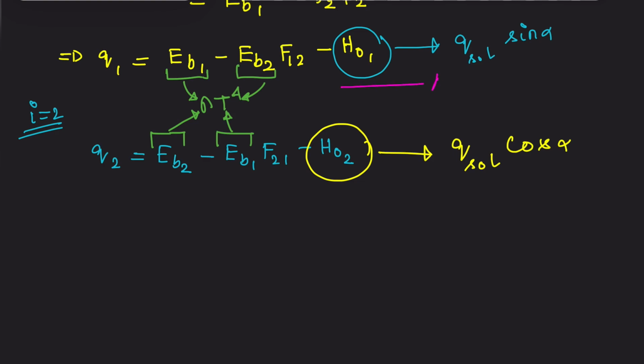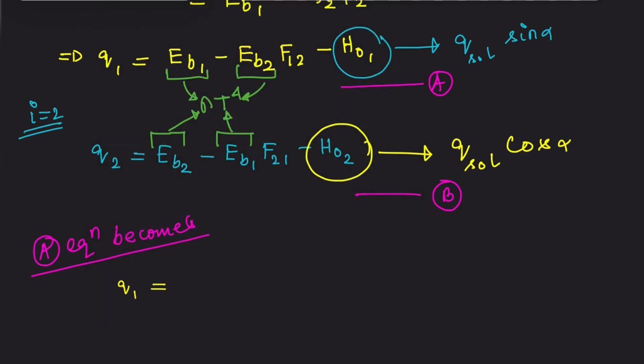Maybe I give this equation as capital A, this equation as capital B. Okay, so capital A equation becomes Q1 is equal to sigma T to the power 4, which I will take common, into 1 minus F12, minus Q sol sin alpha.